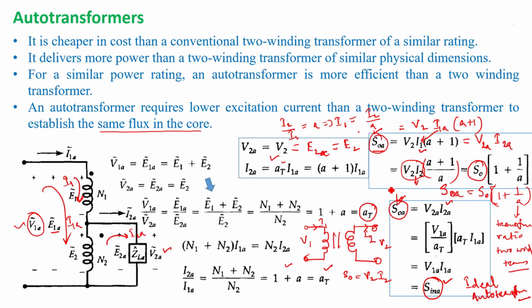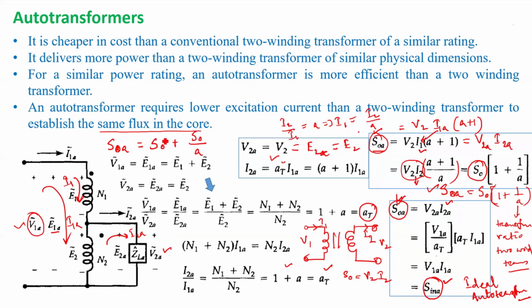Okay, now this is the relationship between the apparent power of an autotransformer and the apparent power of the two winding transformer. That means from this relationship we can see that for the same size of the windings in the two winding transformer, if it is connected as an autotransformer, we are getting the apparent power of the autotransformer as SO plus SO by A, right?